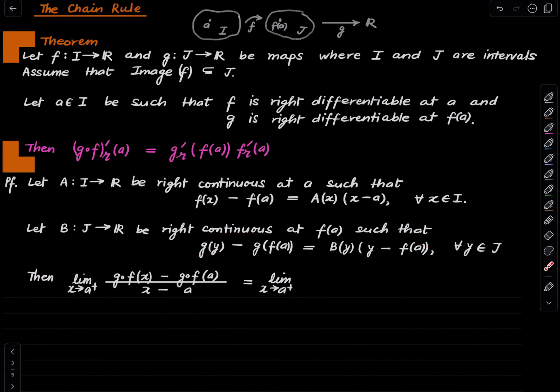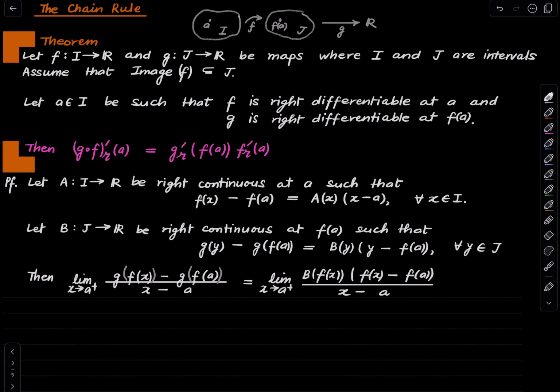So let me change this a little bit. I just put brackets. And instead of y, I will substitute f of x. So I will get, this difference is nothing but b of f of x times f of x minus f of a divided by x minus a.